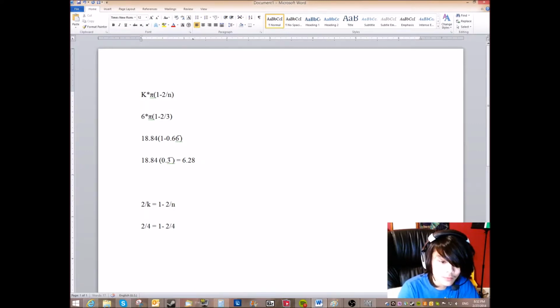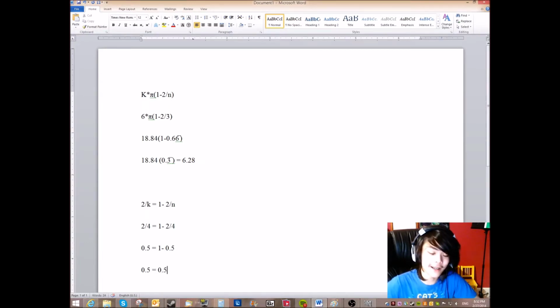So 2 divided by 4 would just be 0.5, that's half, equals 1 minus 2 over 4, which is also half, 0.5. And now if we simplify that, we get a half equals a half. Yes, which checks out.